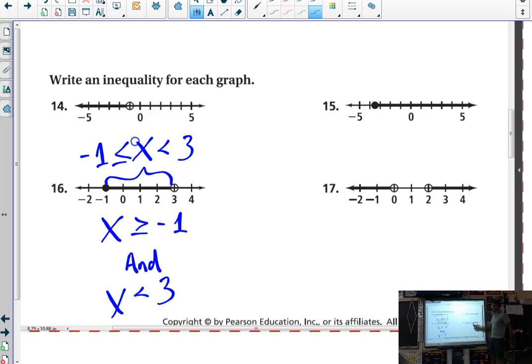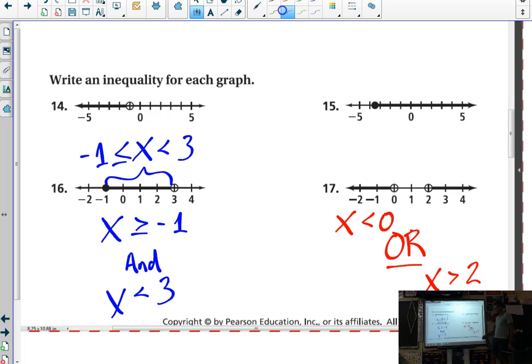But when the range is separate, I would say x is less than 0 or x is greater than 2. Do not try to write this together, because if I do, it doesn't make any sense.